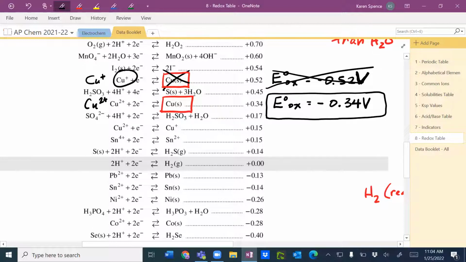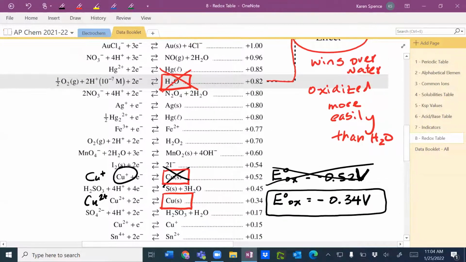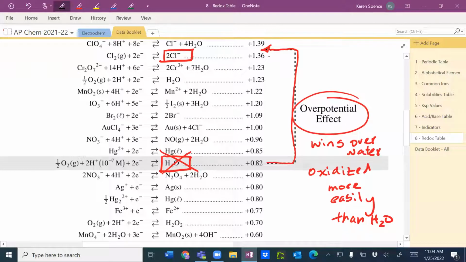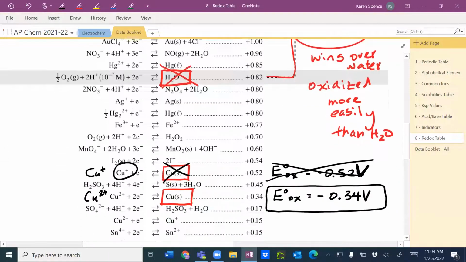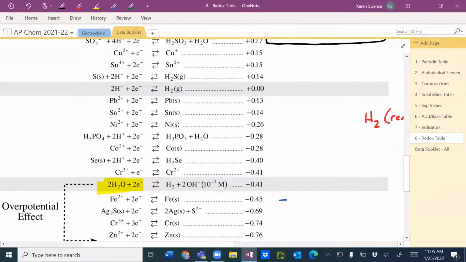And going back, we are comparing with chloride. Chloride's oxidation potential is really not very good, negative 1.36 volts. And so chloride has been knocked out of the running. Even though it would win over water, it won't win over copper. Our last one that we are looking for is chromium 2+.